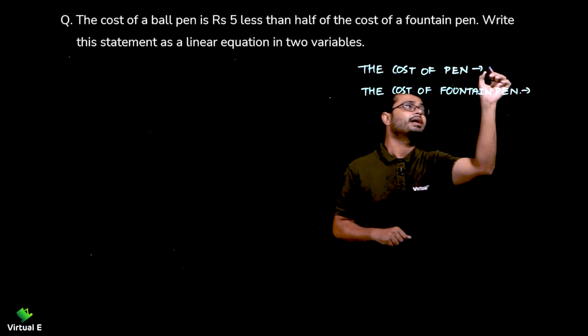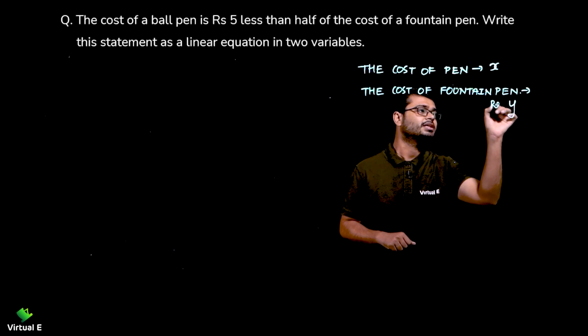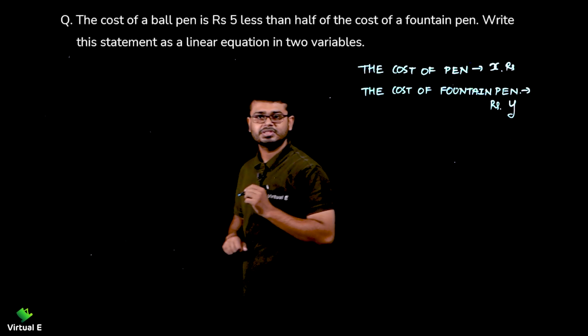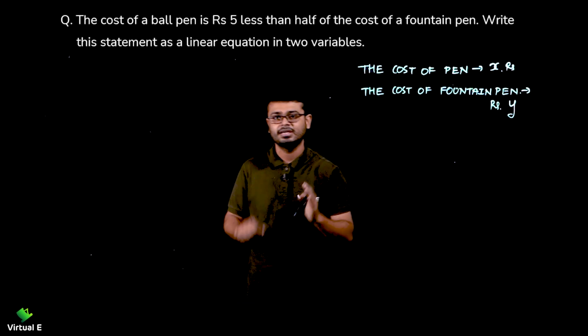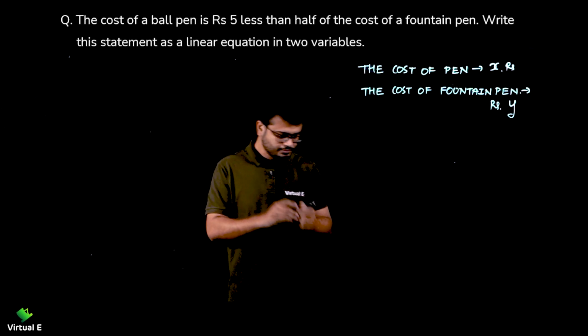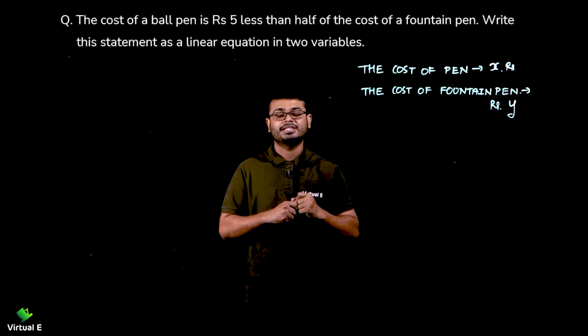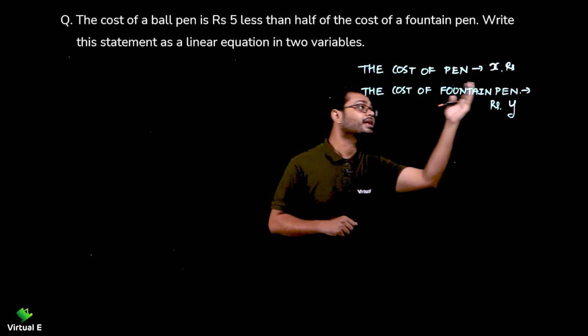Let's say cost of a pen be x and here it is y. Let's take in rupees here as well, x rupees and y rupees. Now see the relation, the cost of a ball pen is, right? Remember, whenever "is" is there in mathematics, always consider it as an equal to sign.